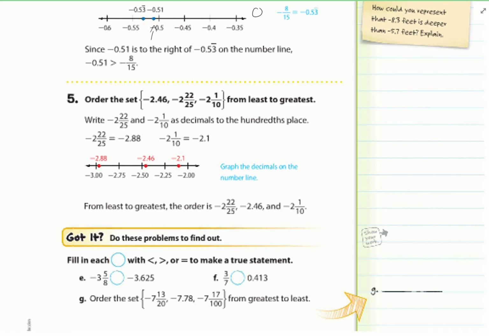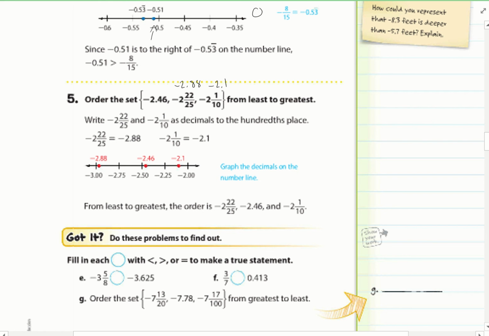For example 5, we have to do it from least to greatest. Like I said before, I strongly recommend changing them all to decimals, because I know this is going to be negative 2.88, and this is going to be negative 2 1/10.